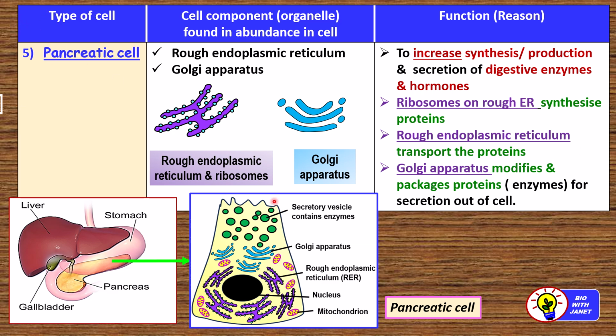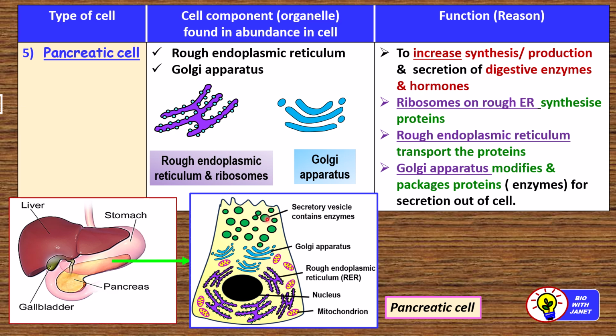So this picture here shows you one of the pancreatic cells. A picture of the pancreatic cell is a bit like a triangular shaped structure. We can see it has a lot of these purple structures, which are the rough endoplasmic reticulum with the ribosomes attached to them. Each pancreatic cell also has a lot of Golgi apparatus to modify the proteins and package them so that they can be sent out of the cell using the secretory vesicles.